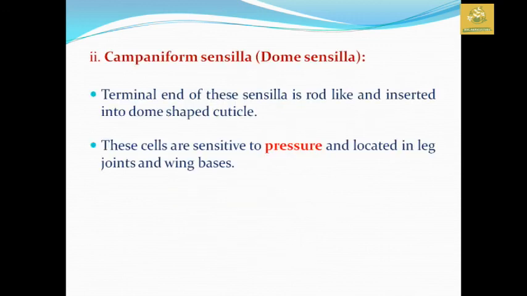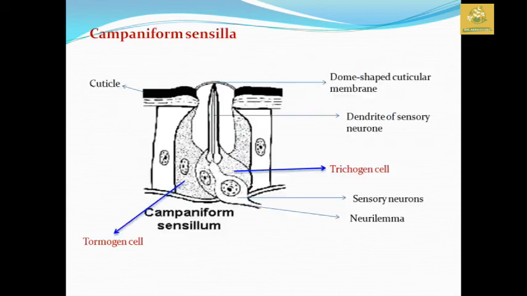After that we are going to see campaniform sensilla, which is also known as the dome sensilla. These sensilla have a terminal end which is like a rod-like structure, inserted into the dome-shaped cuticle in the insect body. These cells are sensitive to pressure and are located in leg joints as well as the wing bases of the insect body.